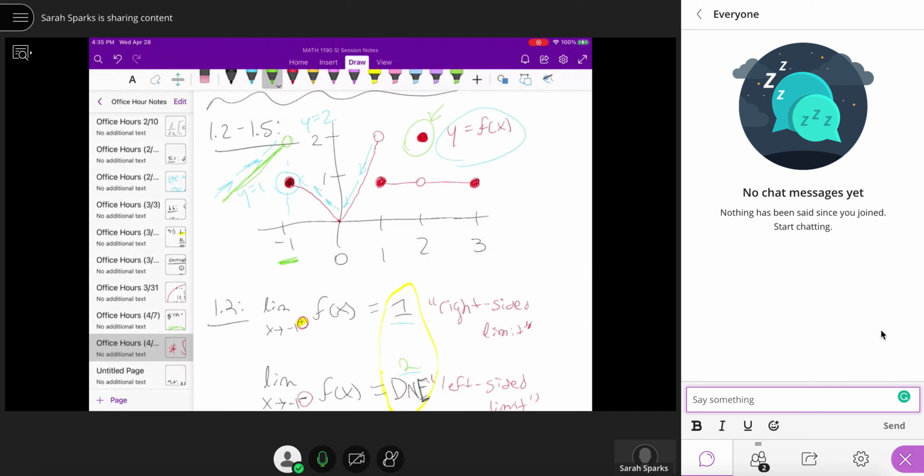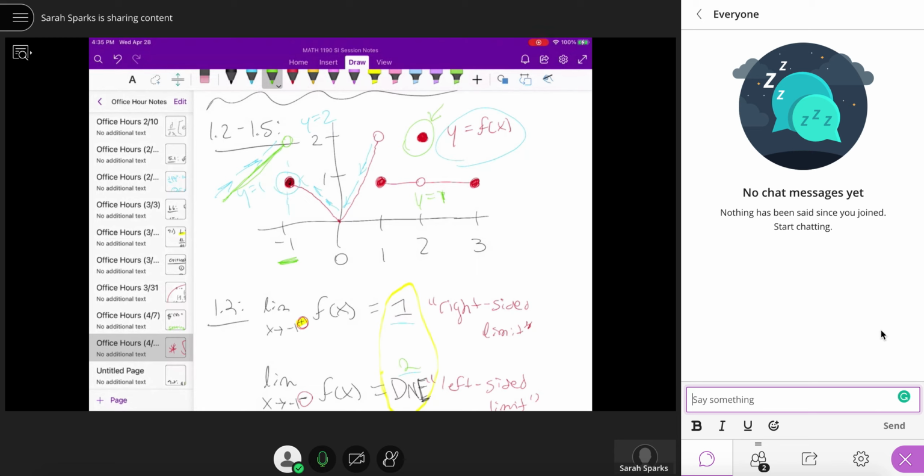It still has to be there, so the function is defined at every point, but it's never going to approach that number. It's approaching y equals 1, even though the function equals 2 at that point. Does that make sense? What a function is equal to at a point is different than the limit.